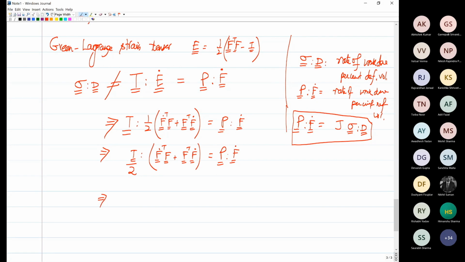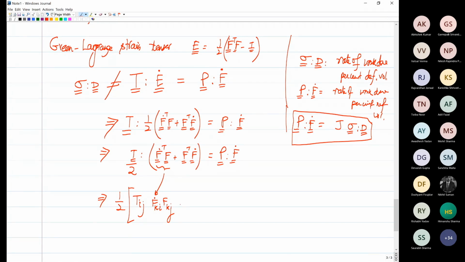So if I use indicial notation, then we have half T_ij, and then this thing, ij component, that's F dot_ki into F_kj. So ij component of F dot transpose F, that's F dot_ki into F_kj, isn't it?